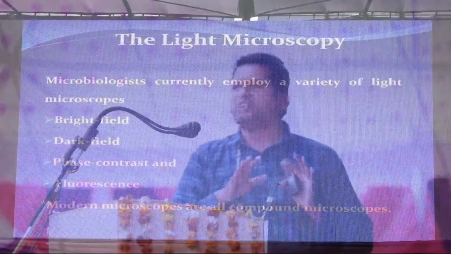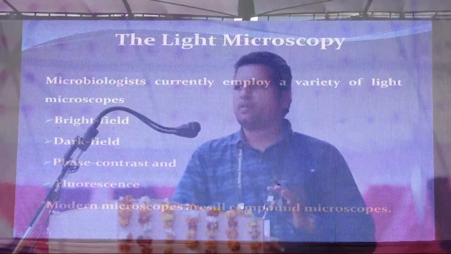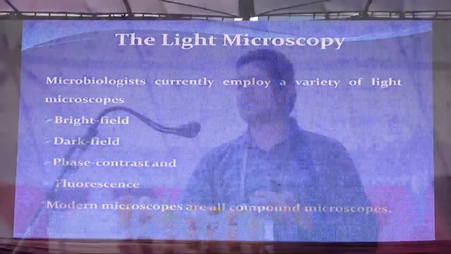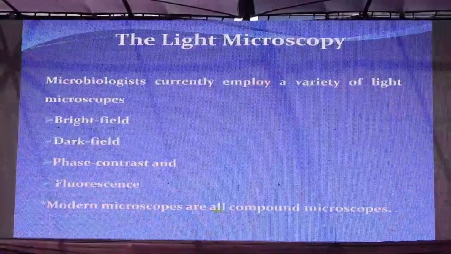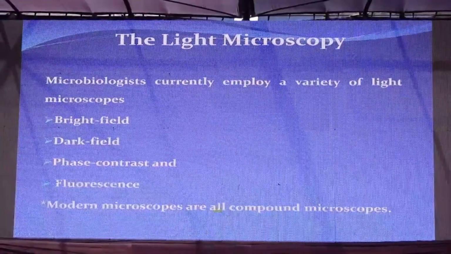No doubt there are variants of these microscopes, but maximally, our laboratories have the light microscope, and in light microscopy, we have different variants. Bright field microscopy, dark field, phase contrast, fluorescent, and these days we are using compound microscopes, we are not using simple microscopes.